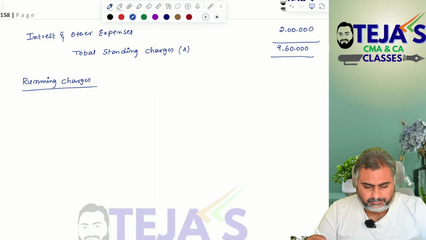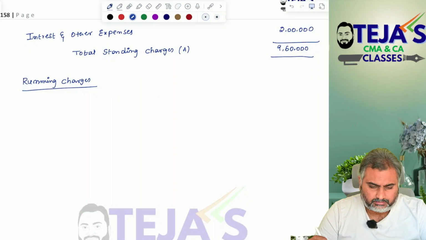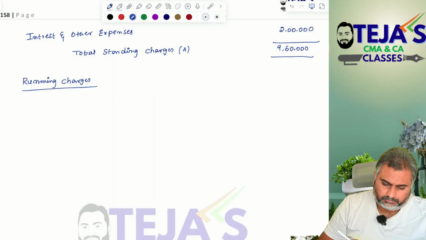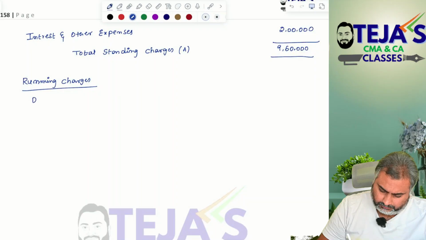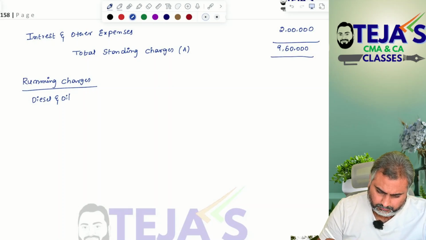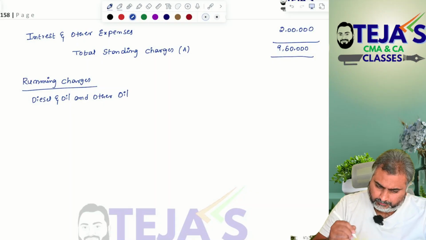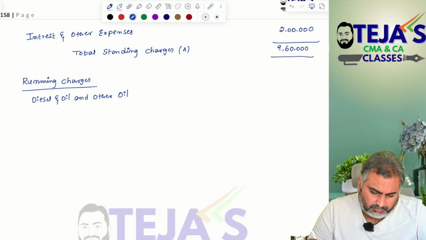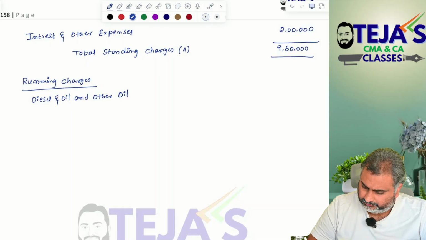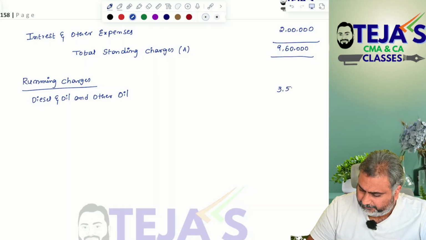Diesel and oil, only one item, 3,50,000.